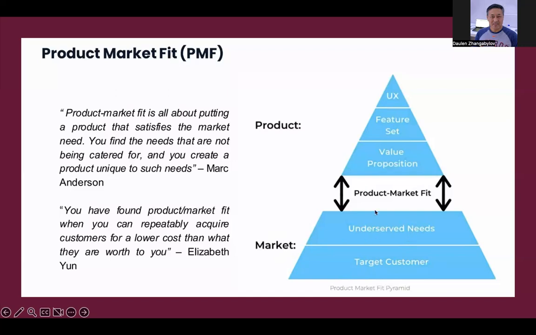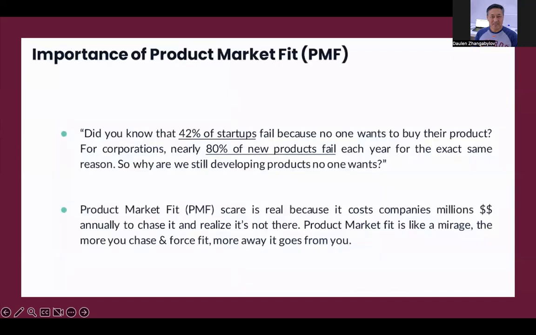A target customer can have underserved needs or some pain, and from the top, there is our product. Let's move from the top down. We come up with UX design, we define our features, and we create the value proposition. If we have overlap between market and product, then we have a good product market fit. I'm going to explain how it works in the next few slides.